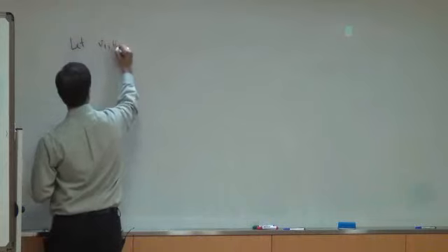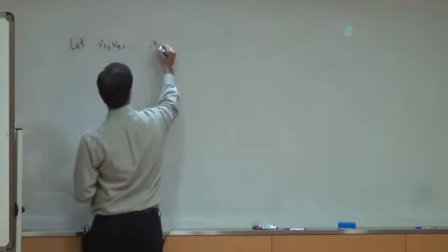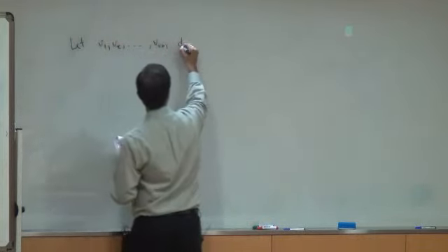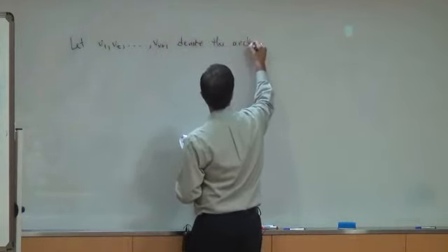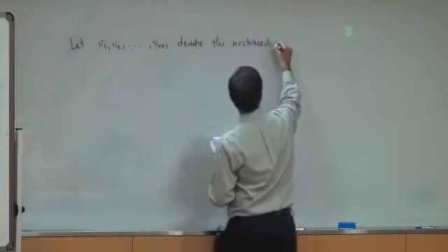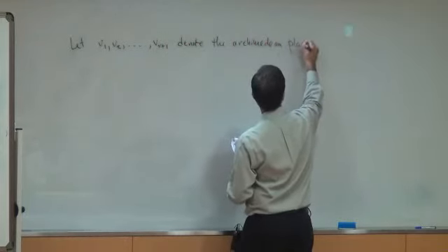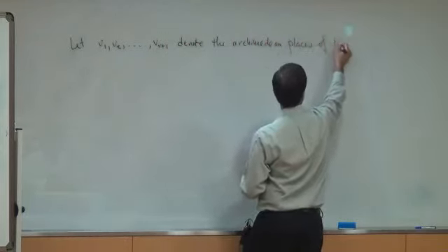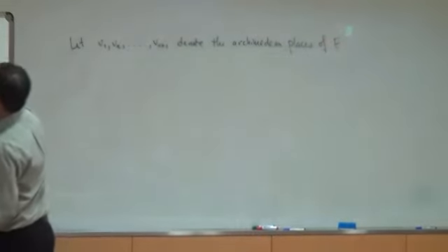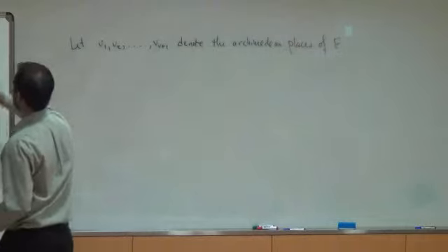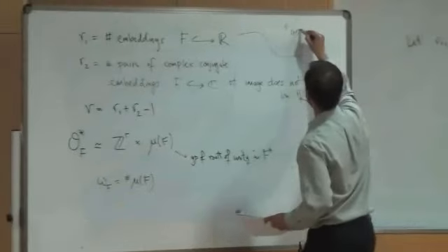All right, let me define the regulator now. So we let v_1, v_2 through v_{r+1} denote the Archimedean places of F. So what do I mean by an Archimedean place? It's these embeddings. So these are called the Archimedean places.